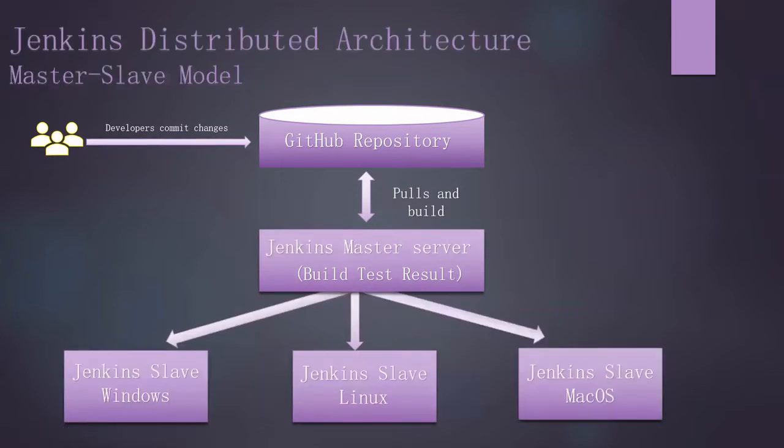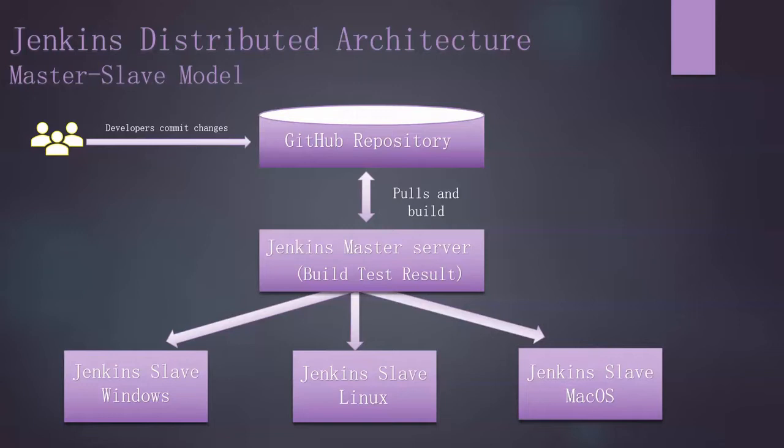Then we have one more Jenkins architecture, that is master and slave. Generally this architecture is used for enterprise applications or enterprise microservices, where there are a number of microservices, or medium to enterprise applications.